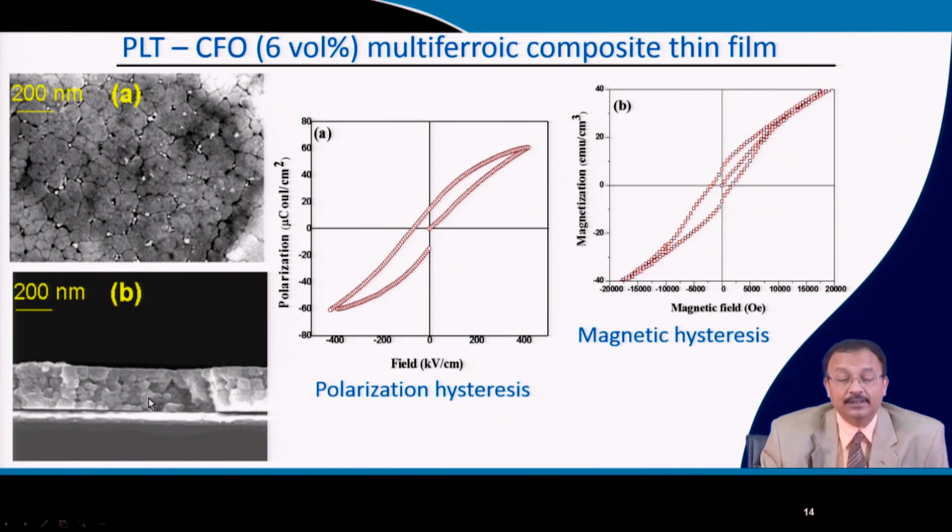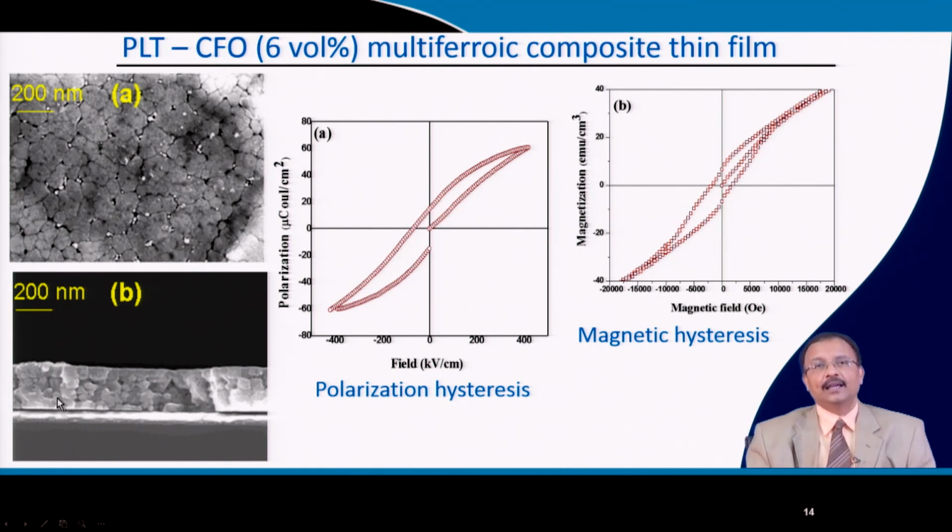So, you get a very uniform film which is typically about 350 nanometer thick, and you can measure this thickness by scanning electron microscopy through cross-sectional analysis, and also from the optical fringe pattern of the transmittance spectra. So, you can cross verify your thickness.